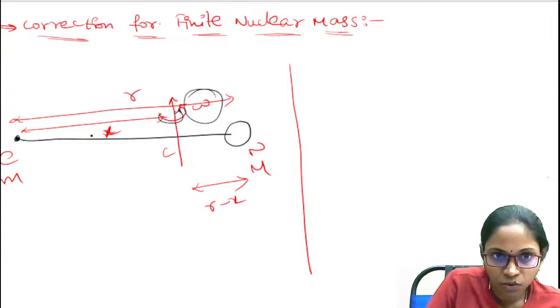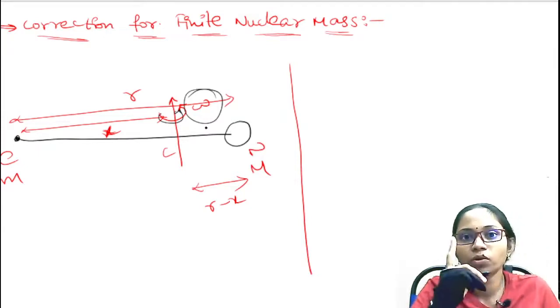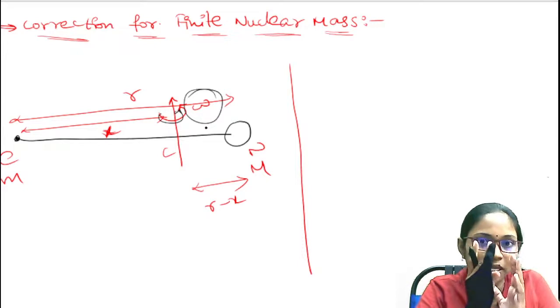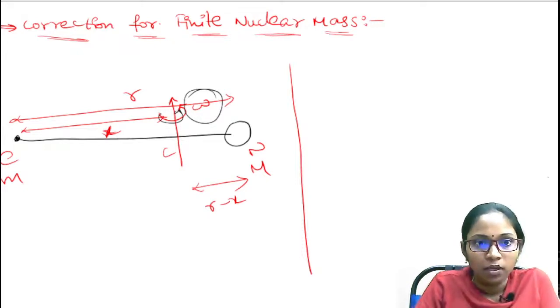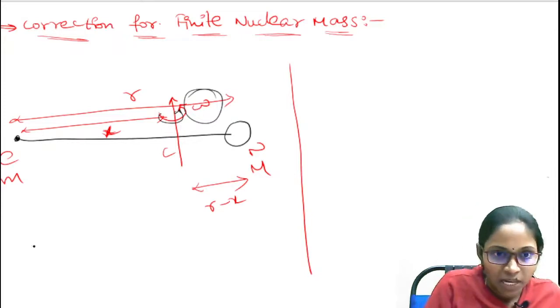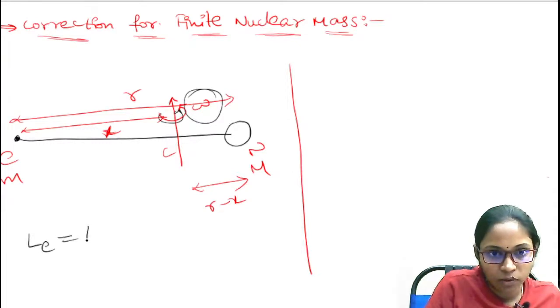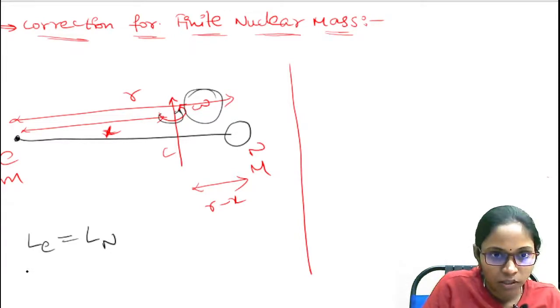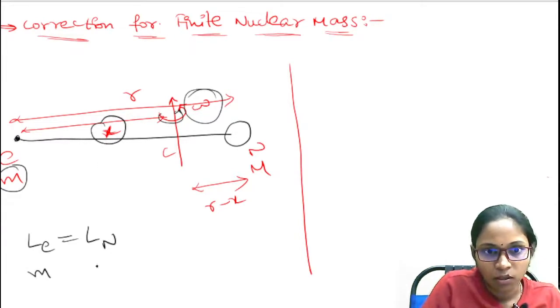As these two charges are revolving about the same center of mass, to be a stable system, the angular momentum of the electron must be equal to the angular momentum of the nucleus. Here the angular momentum of the electron is mass into distance, which is equal to the mass of the nucleus, capital M, into the distance r minus x.